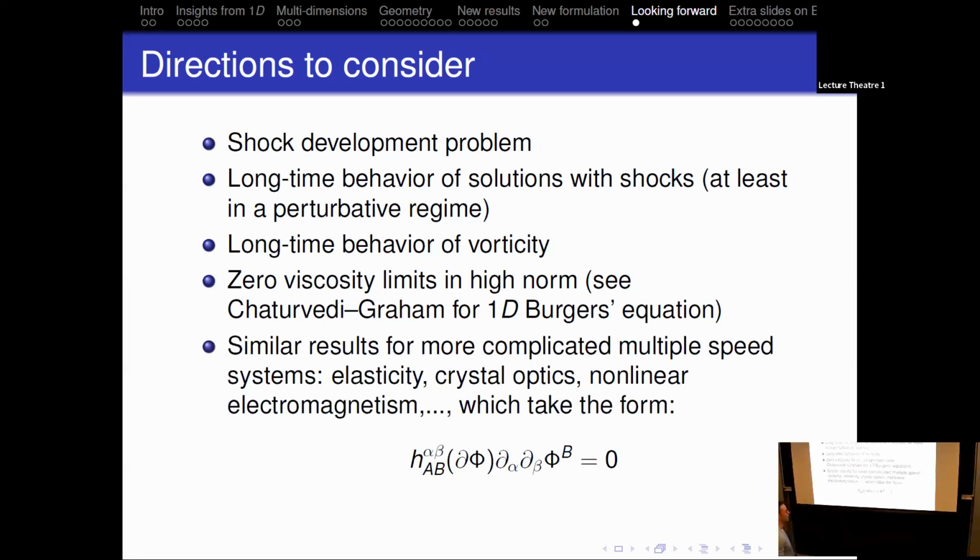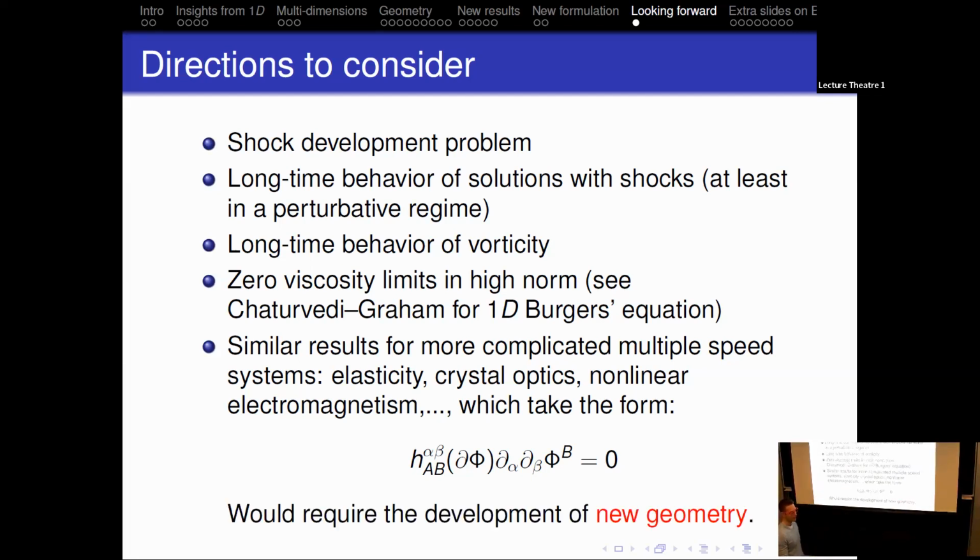And then similar problems for multi-dimensional or multi-speed systems are open. Shock formation for more interesting and more complicated systems is essentially open, except we'll hear from Jonathan at the end of the talk on Einstein-Euler. Okay, so I will stop there.